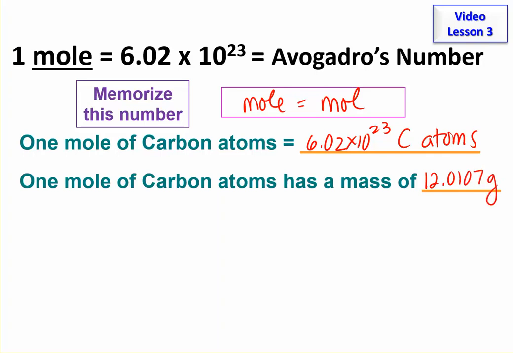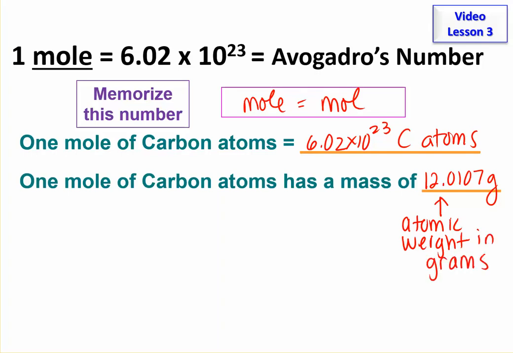Where did I get that number? From the periodic table. This number is actually the atomic weight, but instead of reading it in AMU, I'm reading it in grams.